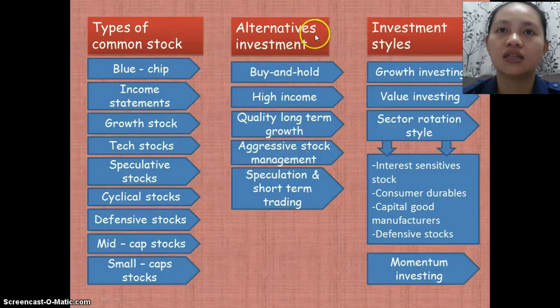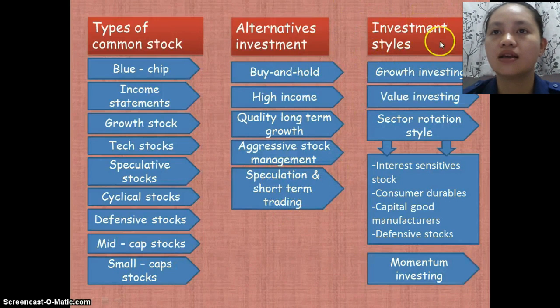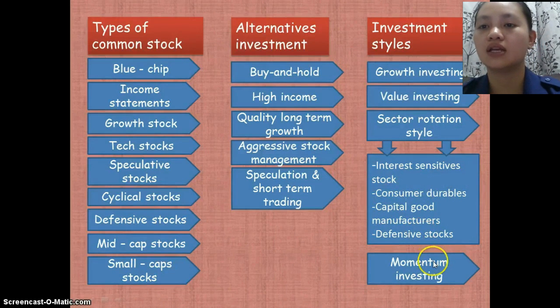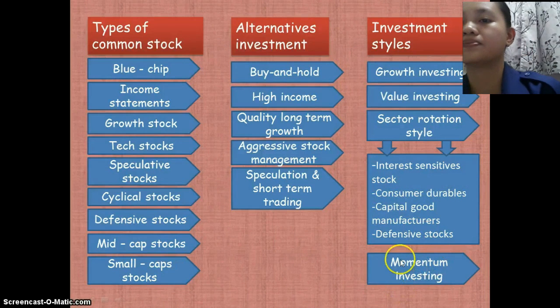Alternative investments are buy and hold, high income, quality long-term growth, aggressive stock management, speculation, and short-term trading. And the investment styles include growth investing, value investing, sector rotation style such as interest-sensitive stock, consumer durables, capital goods manufacturer, defensive stock, and the last one is momentum investing.